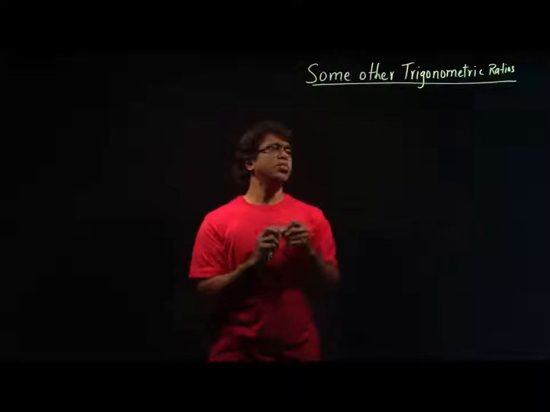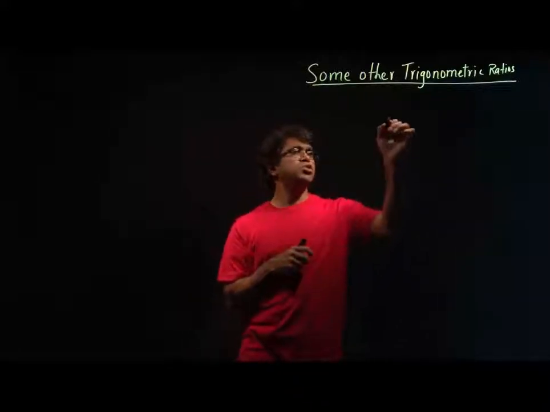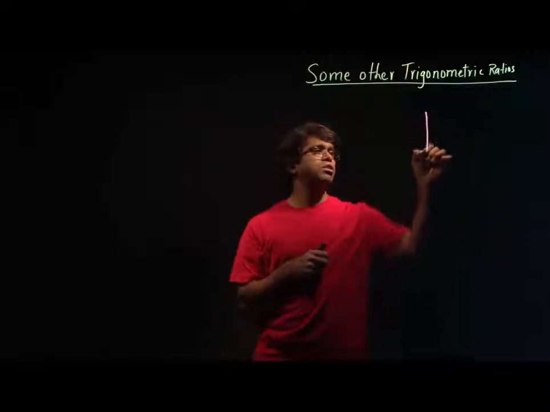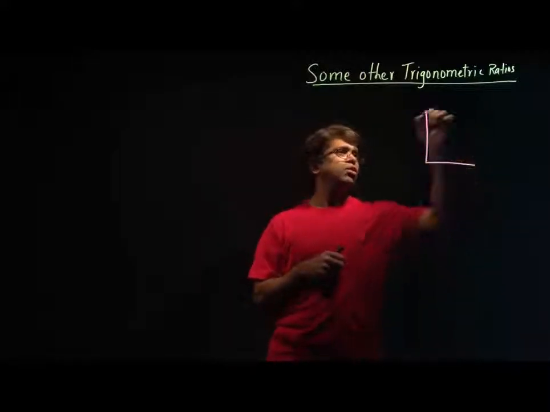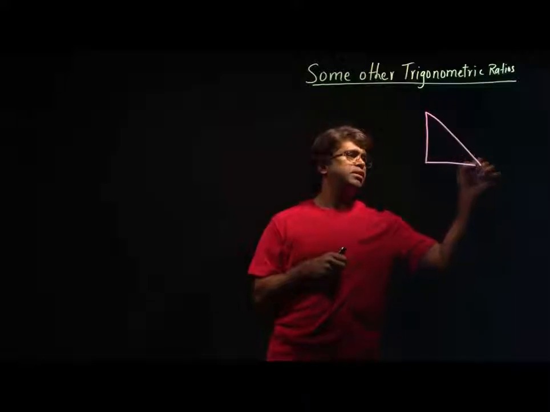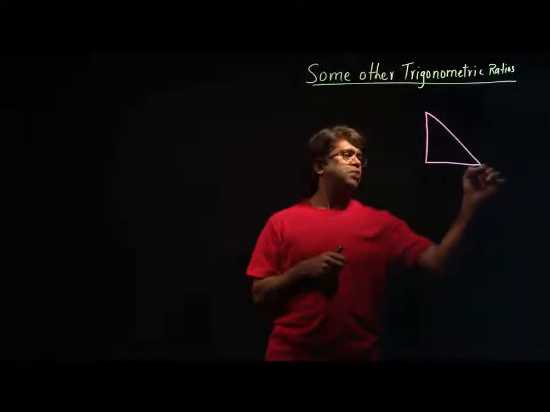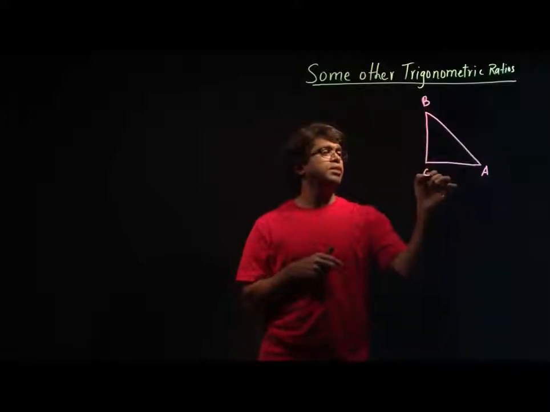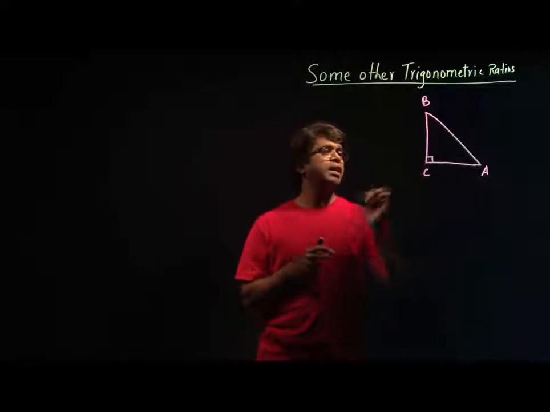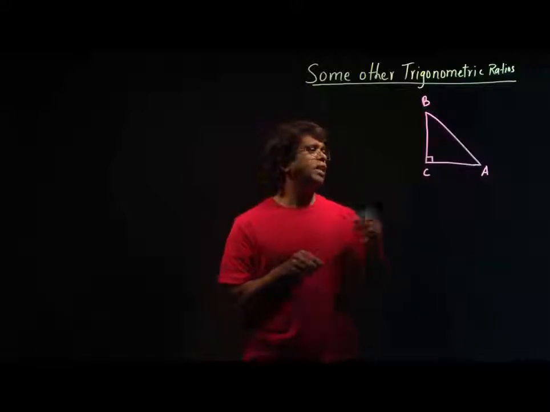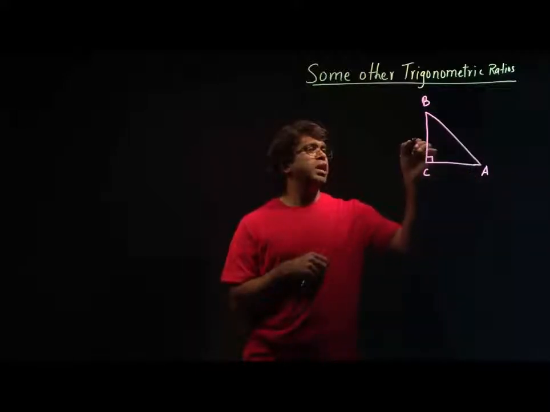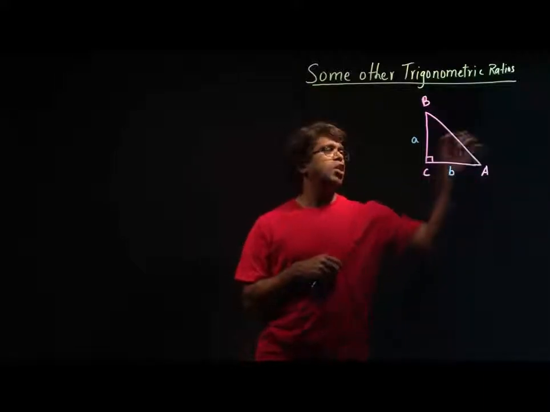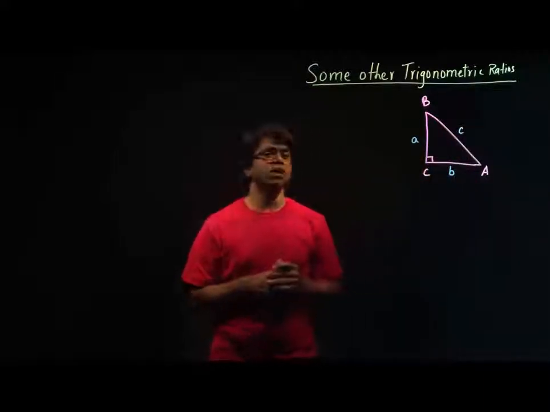So the very first thing I'm going to do is draw a small right triangle over here. Let's pretend this is my right triangle A, B, C with right angle at C. And we all know that the side opposite to A is small a, opposite to B is small b, and opposite to C is small c.